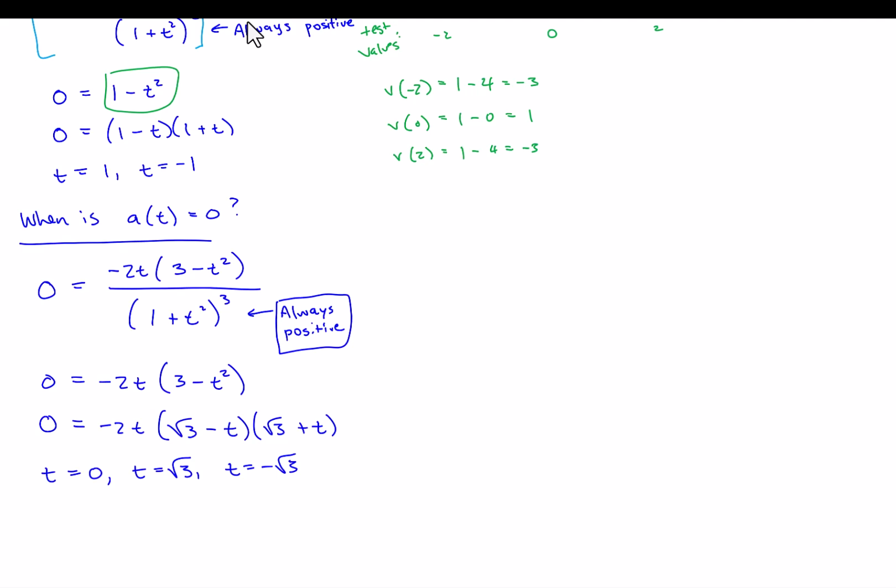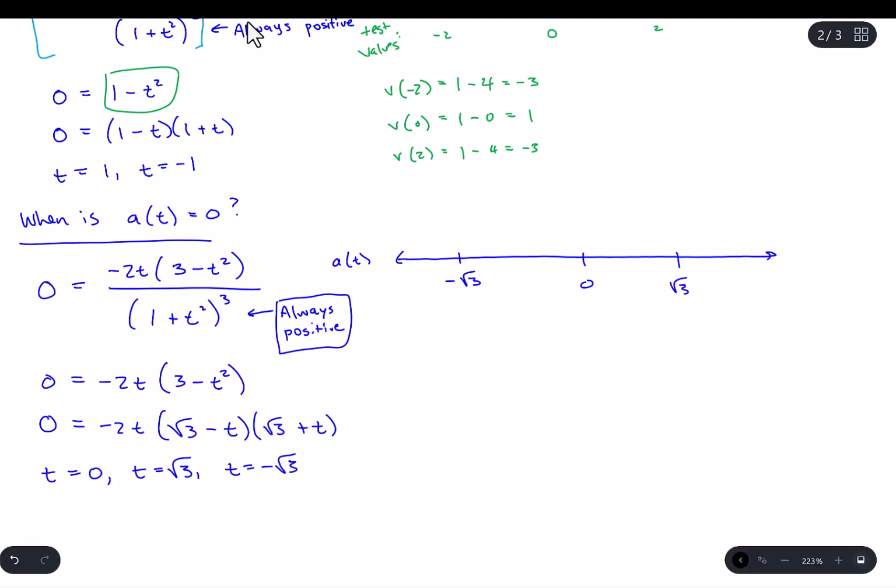So let's see. For acceleration, we have the points negative root 3, 0, and positive root 3. And if I want to know where this is bigger than 0 or smaller than 0, I need to pick some test values and just plug in and see what's going on.